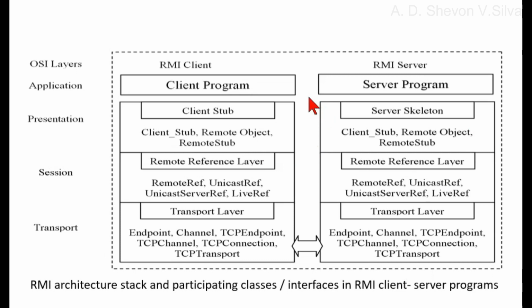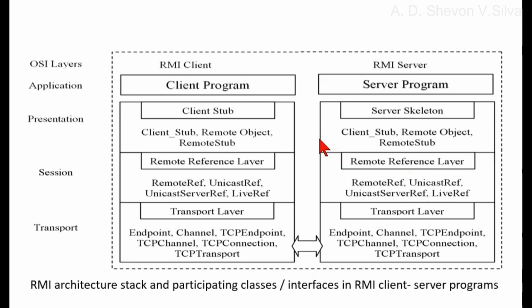The RMI architecture separates out the definition of behavior and the implementation of that behavior. The code that defines the behavior and the code that implements the behavior are separate and run on separate JVMs. The definition of behavior is given by the interface, and the implementation of behavior by a Java class.